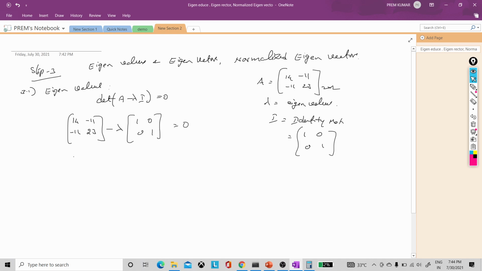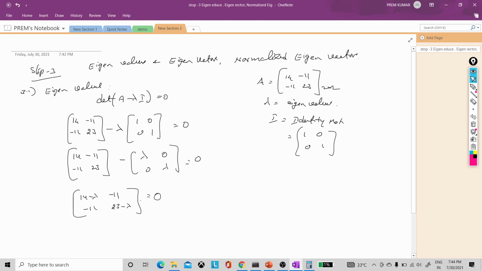So lambda is multiplied with the identity matrix, and we will get [lambda 0; 0 lambda]. So 14 minus lambda, minus 11, minus 11, 23 minus lambda. So this is our determinant equation.